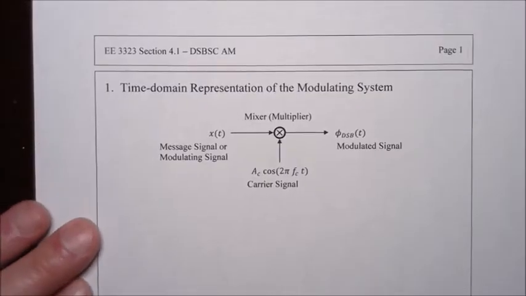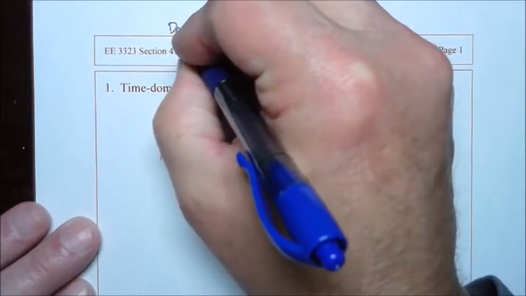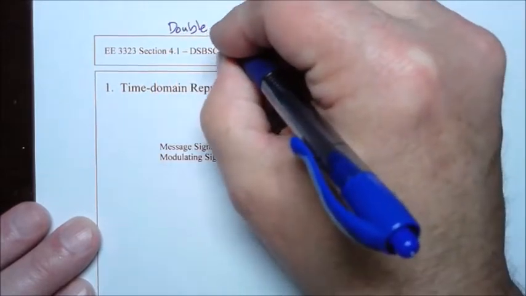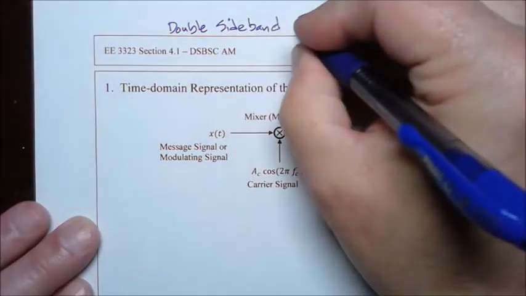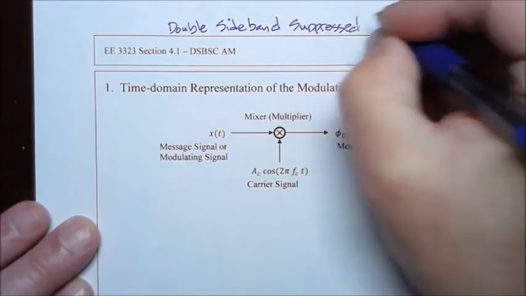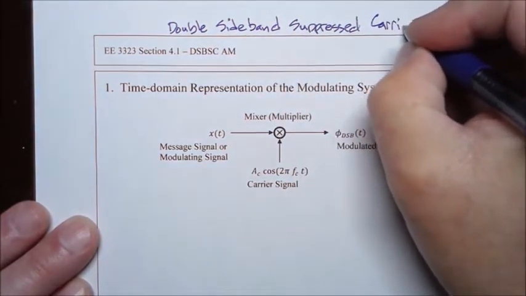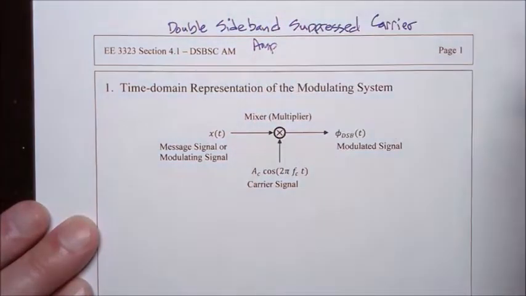This is the block diagram for a double sideband suppressed carrier amplitude modulation system.